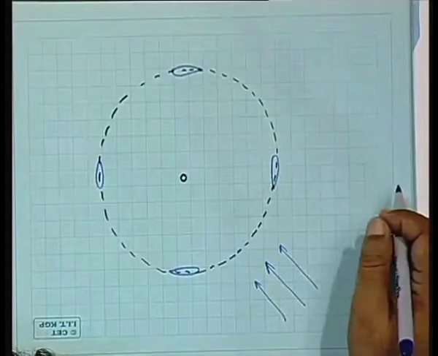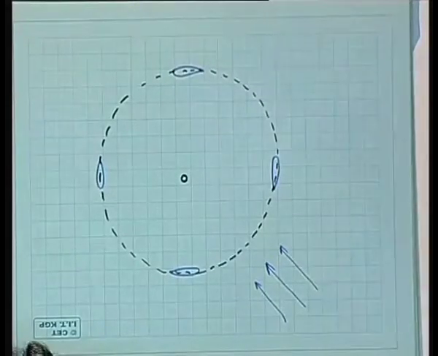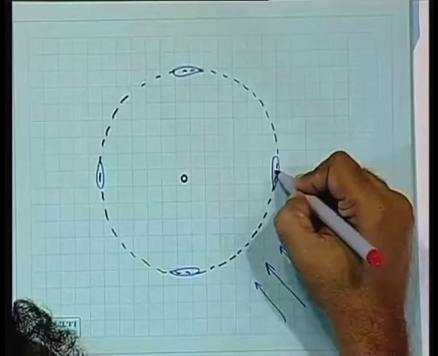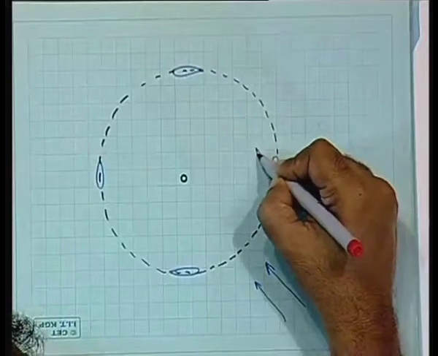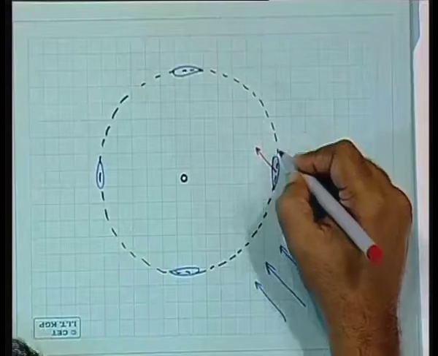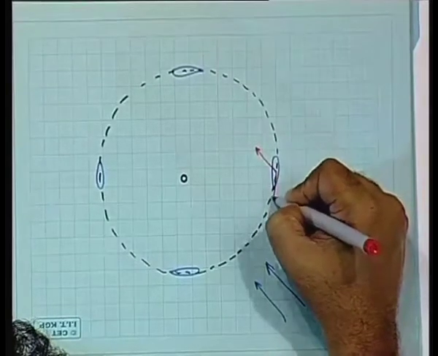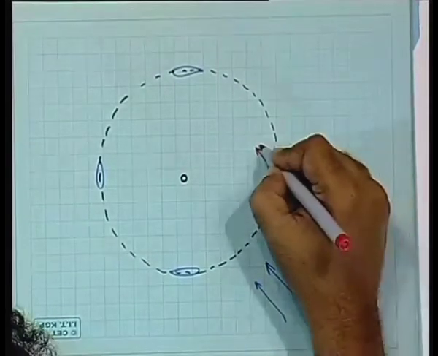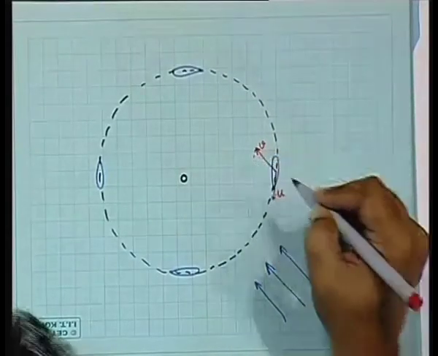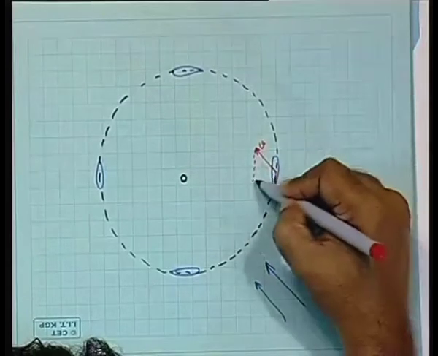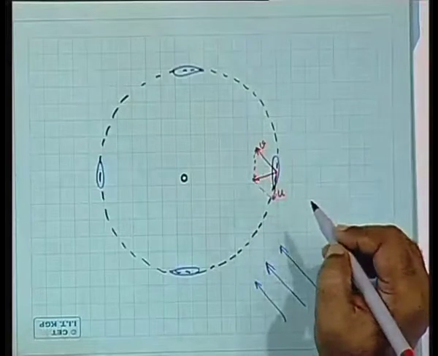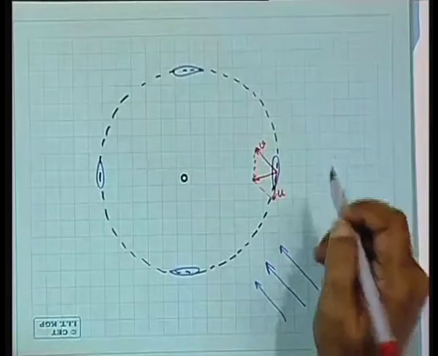Fine. So now when it is here, then your V is like this, U is like that, and therefore minus U is like this. So this is your V, this is your U, minus U, and therefore you will construct the parallelogram like this, and we will say that this is my W. Okay.